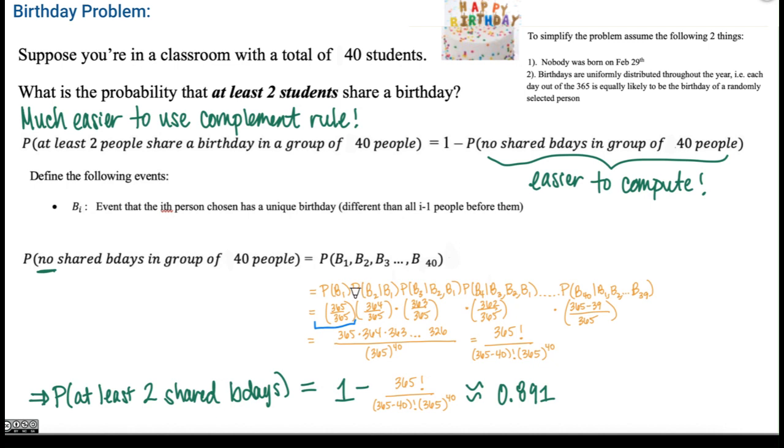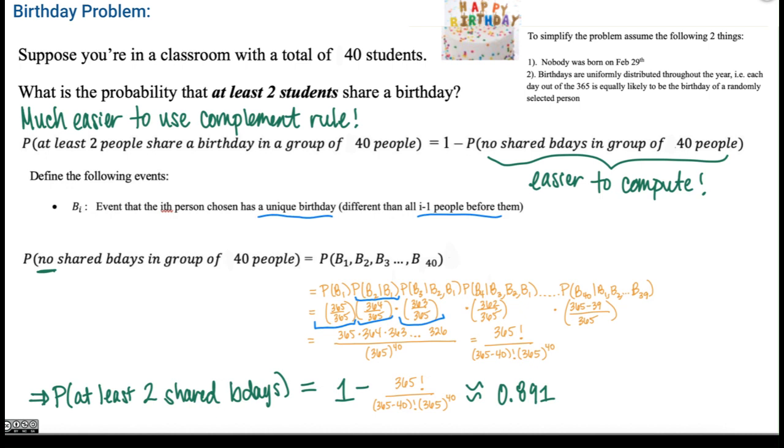Then I'll say, okay, what's the probability the second person I choose has a unique birthday from the first person I chose? So what's the probability that B2 is unique given that I have a B1 birthday already chosen? That's going to be 364 out of 365. And then for the third person to be unique, I have 363 out of 365.